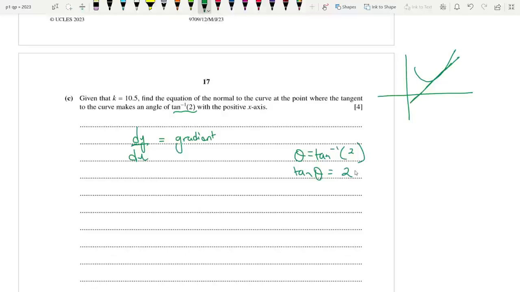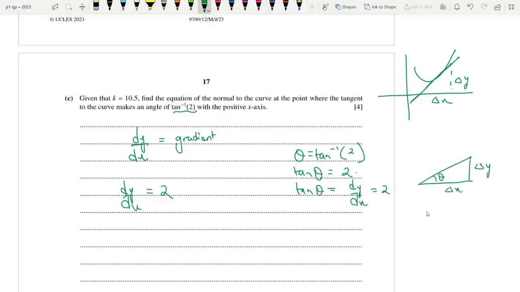And tan theta is also opposite by adjacent, which happens to be the change in y divided by change in x, which is dy by dx, which is 2. So dy by dx is in fact 2 over here. That is what you needed to figure out. See this? Theta, del y, del x. So tan theta equals del y by del x, which is 2.